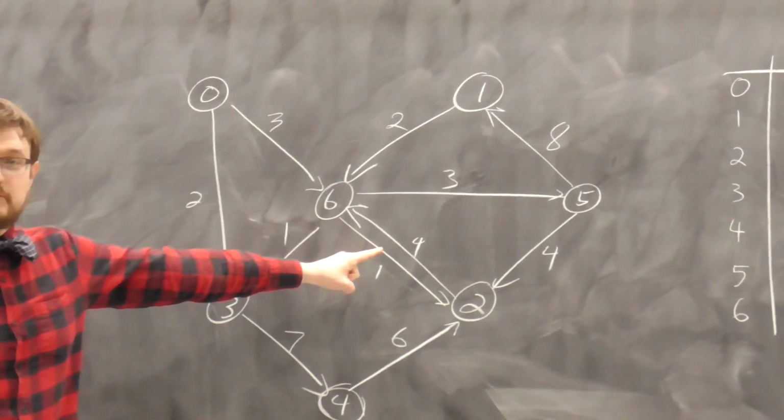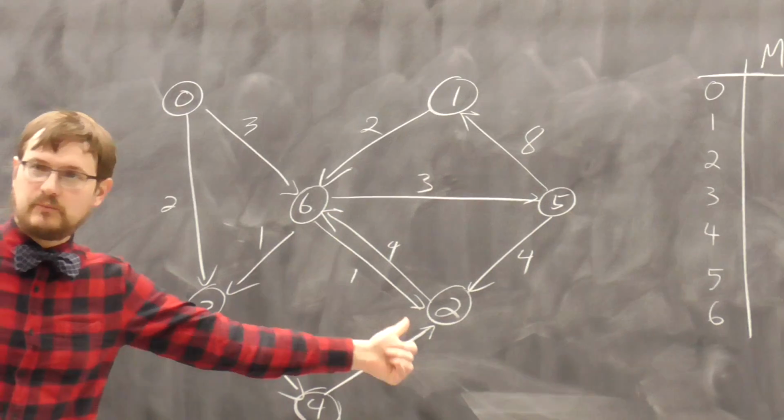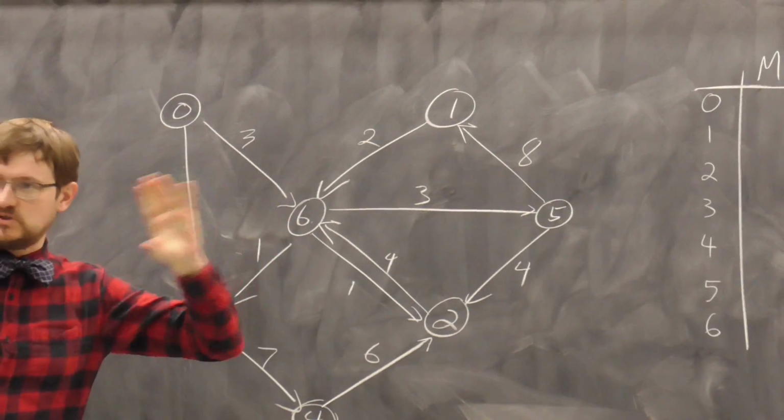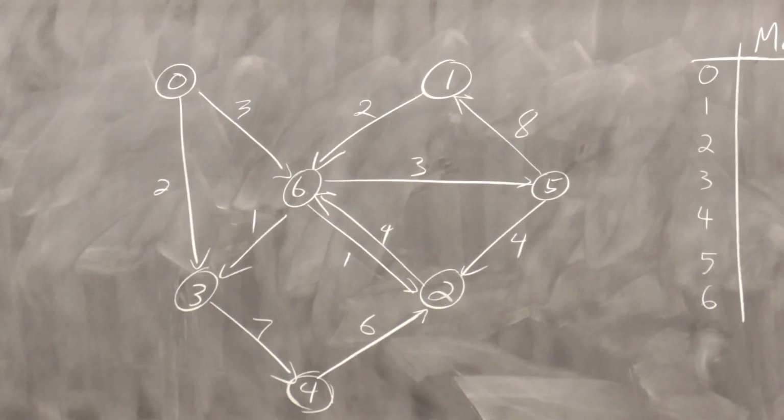Note here, I've got a bidirectional edge with one weight going one way and another weight going the other way. That's possible, just want to throw it out.